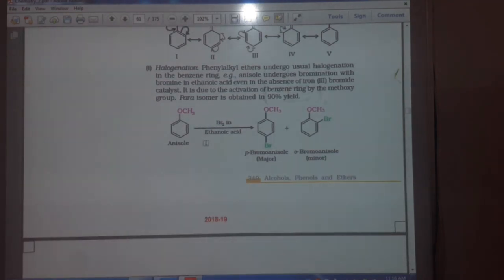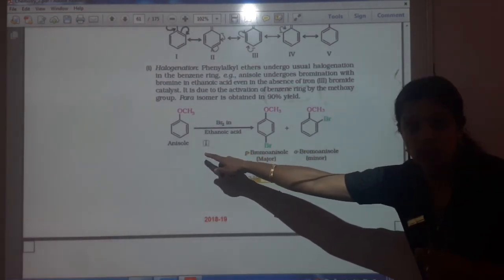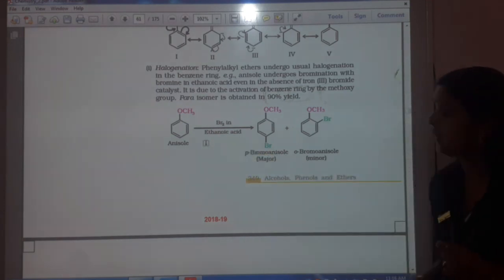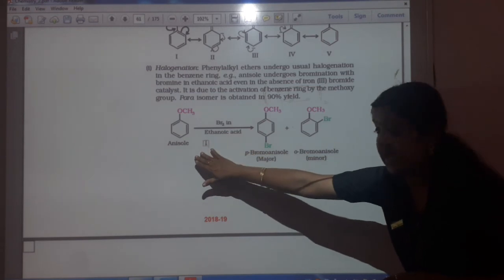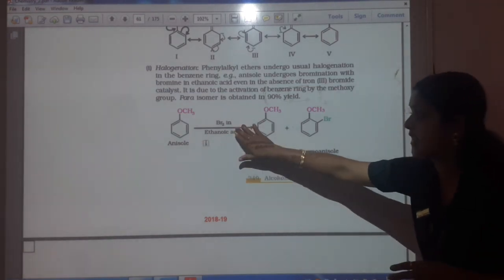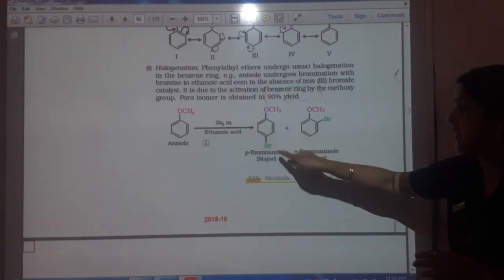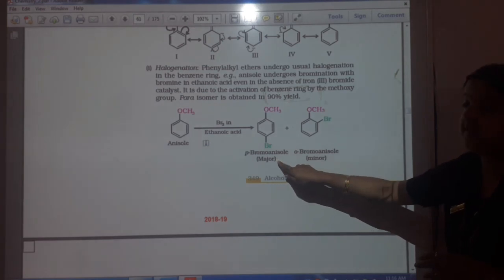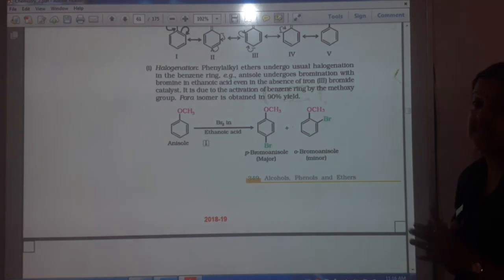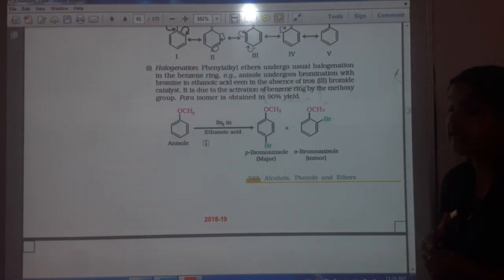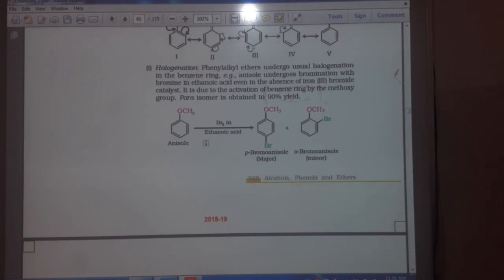In halogenation, we call this anisole, an ether, C6H5OCH3. When anisole reacts with bromine in ethanoic acid, you get para-bromoanisole and ortho-bromoanisole. OCH3 remains the same. Bromine gets substituted in the ortho and para positions, which is halogenation.